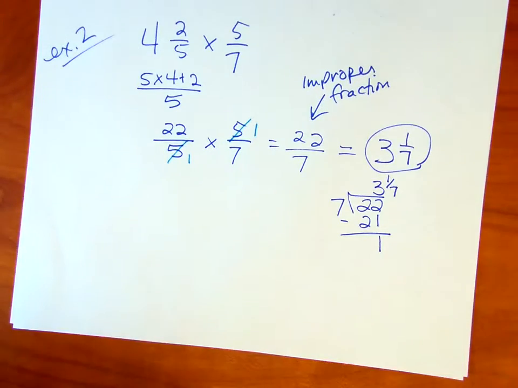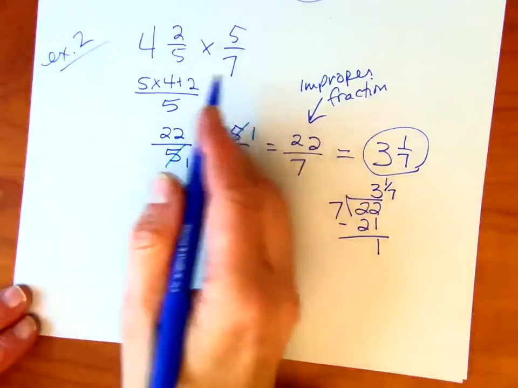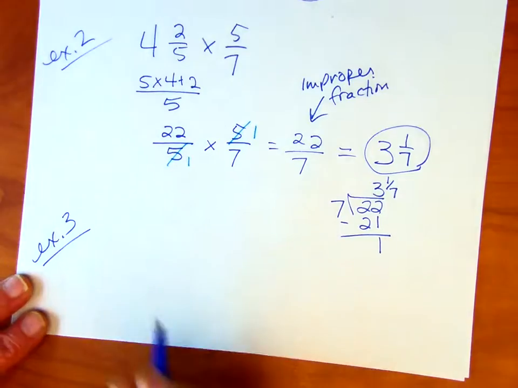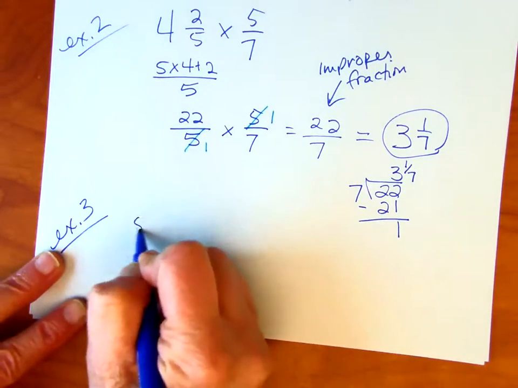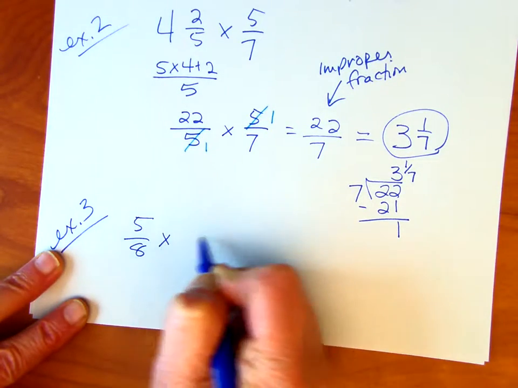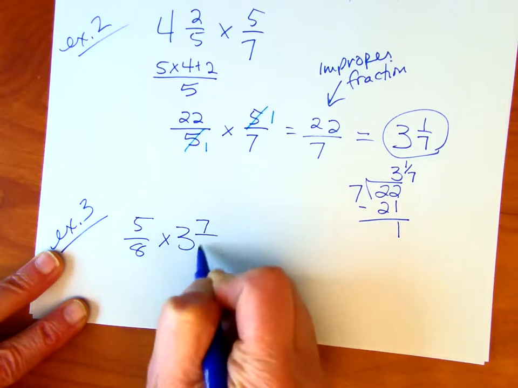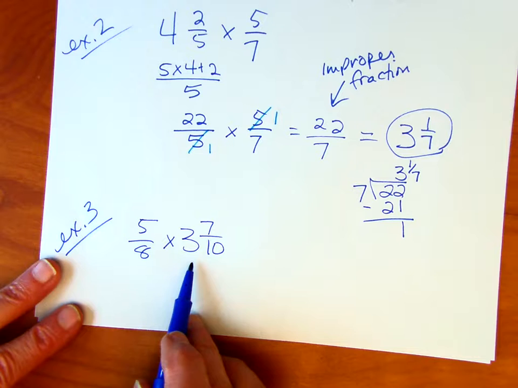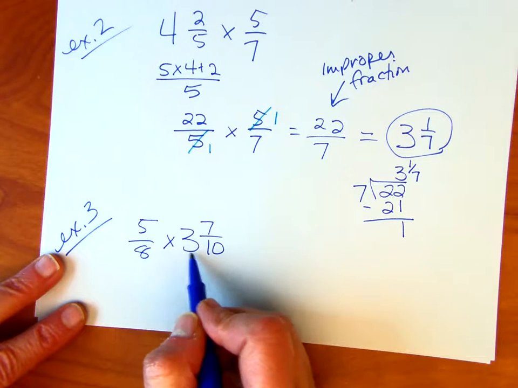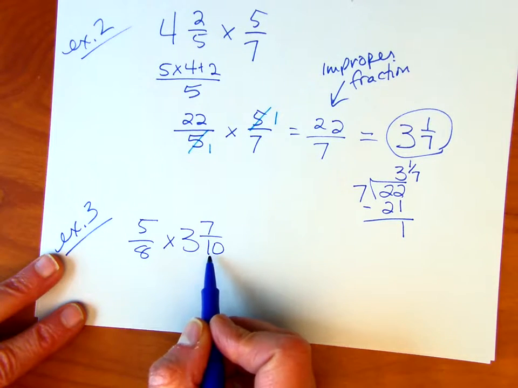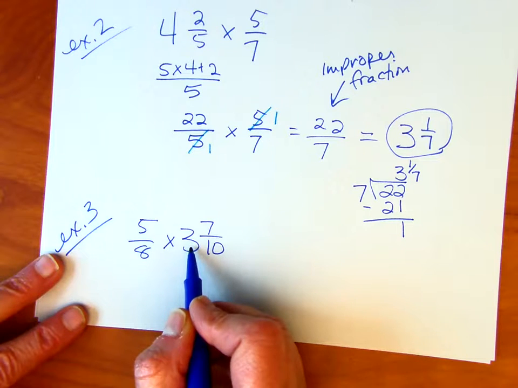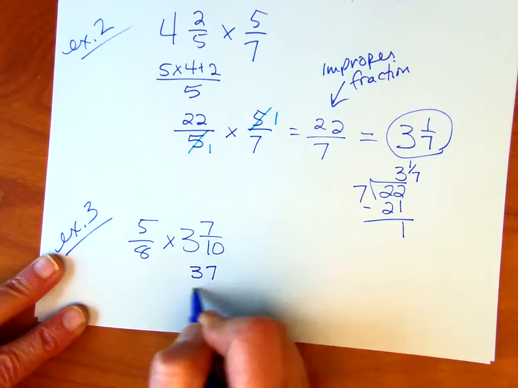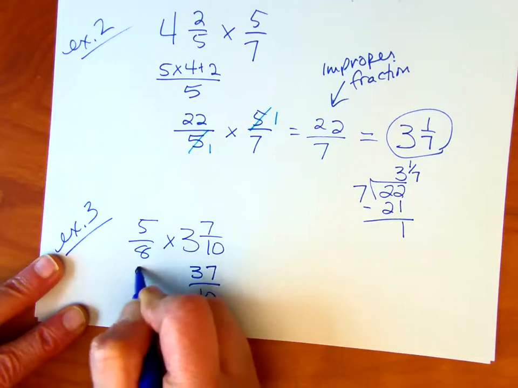Now what if we do one where the mixed number is the second factor? So I'll do one like that. So in this problem we have 5/8, and we're going to multiply 3 7/10. Okay, 5/8 times 3 7/10. So we could rewrite this. 10 times 3 is 30, plus 7 is 37. 37/10.